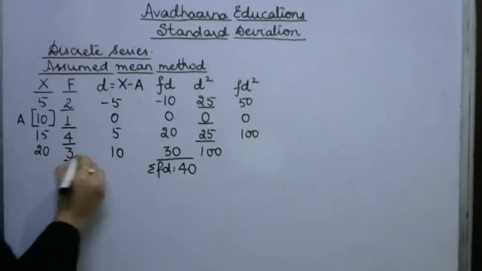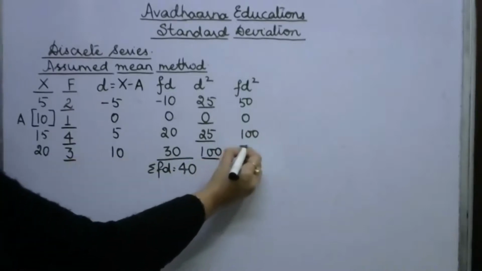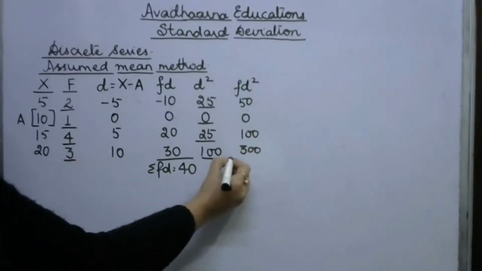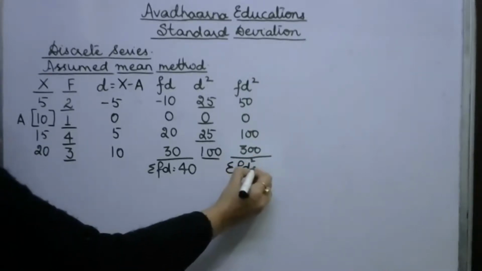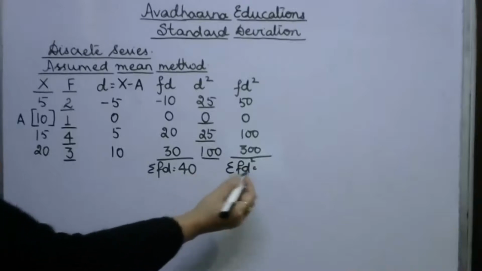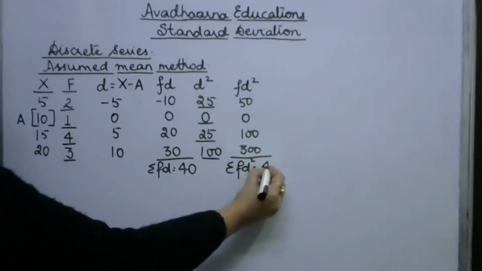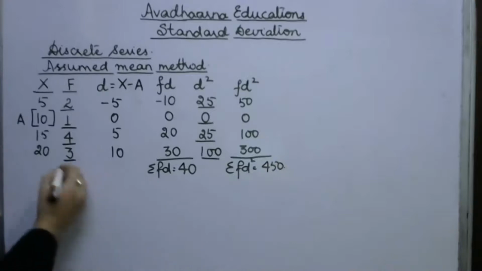And 3 multiplied by 100 is 300. So summation fd square will be 450. And summation f in our case is 10.